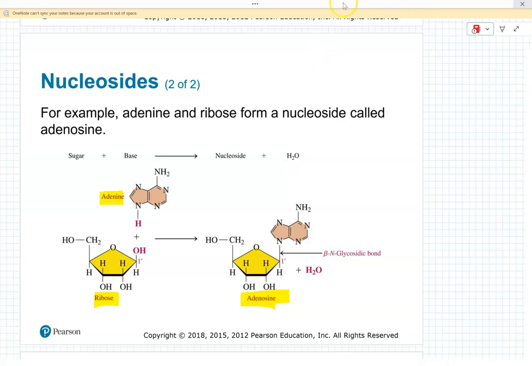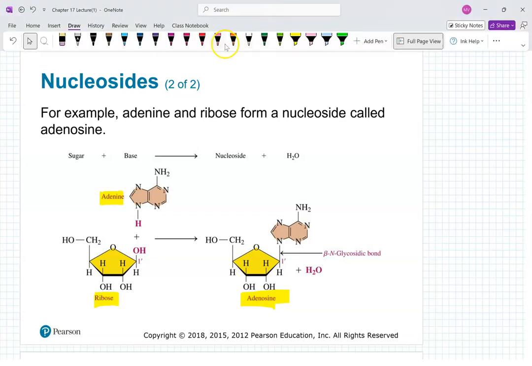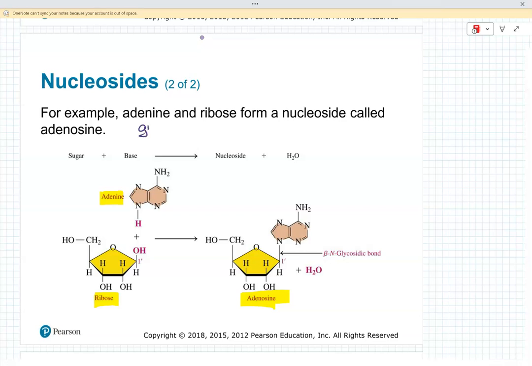I'm going to ask you a question then, using the analogy principle. If you have the base guanine, what's going to be the name of the nucleoside that this base can form?